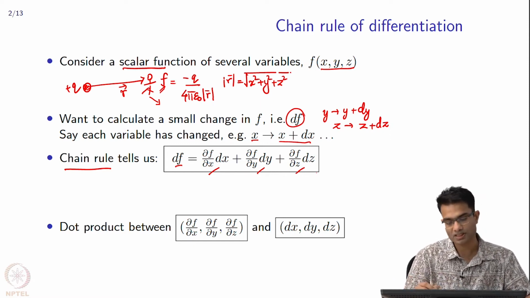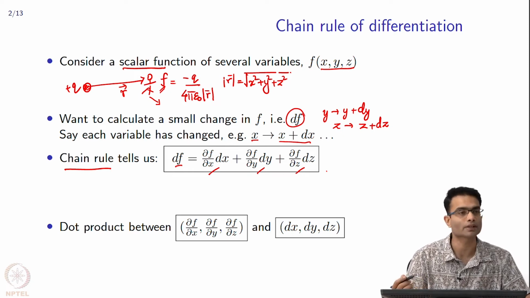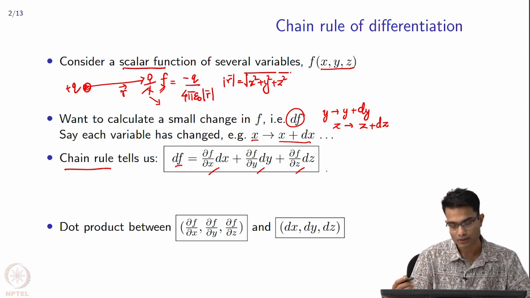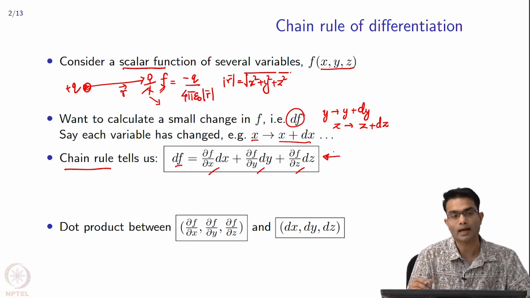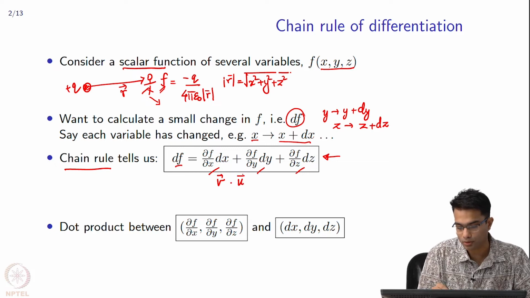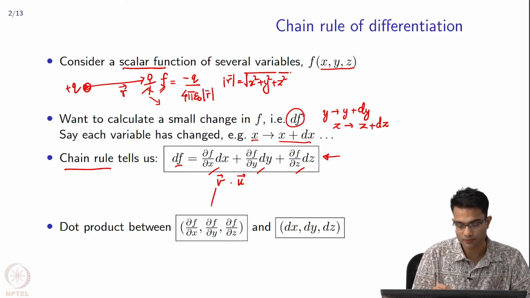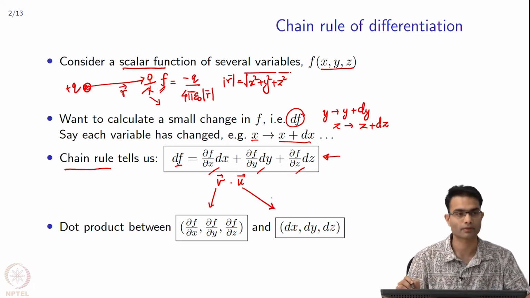Now, when I look at this expression, while this is correct, there is a more convenient way of looking at the same thing. If I look at this expression over here, I can think of it as the dot product between 2 vectors, right. So, I can say that this is, let us say, the dot product between 2 vectors v dot u, and that, for example, v could be this vector and u could be this vector.